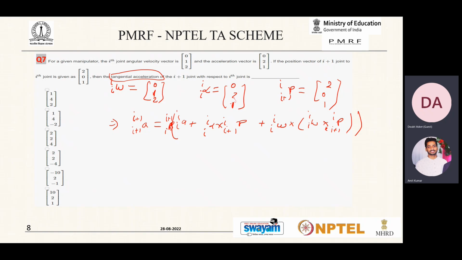Right. So this is the equation of a linear acceleration for I plus 1. So we want to find the tangential acceleration of I plus 1. So this tangential part is given by this.